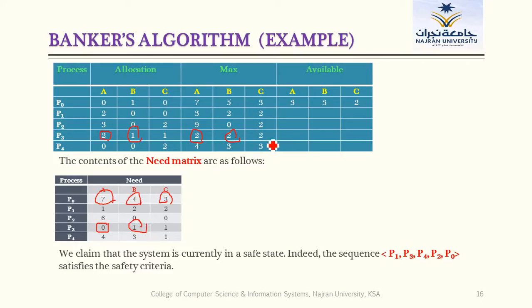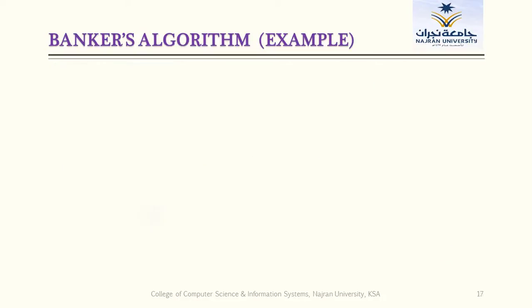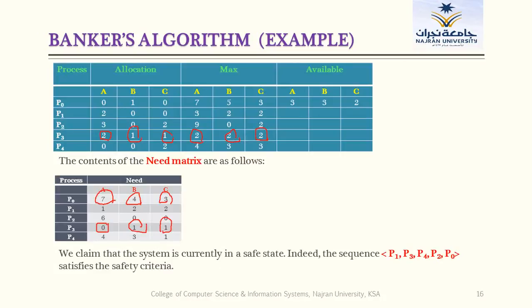For instance C, P3 needs 2 instances of resource type C, currently he has 1, and 2 minus 1 is 1. In this way you can easily calculate the need matrix by just subtracting the allocation from maximum.